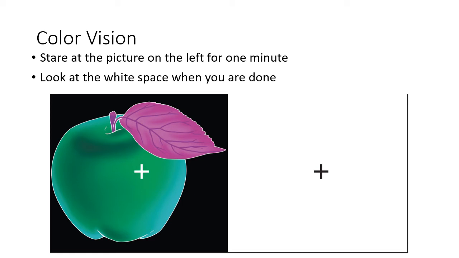So that's why you see afterimages quite often, because you activated certain ganglion cells to an extent that they basically are bouncing back. They have a rebound effect. So for a period of time afterwards, you'll see the opposite.